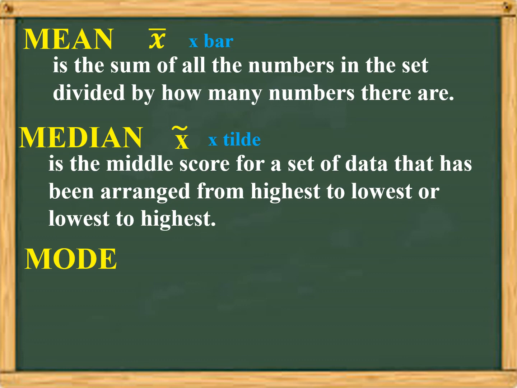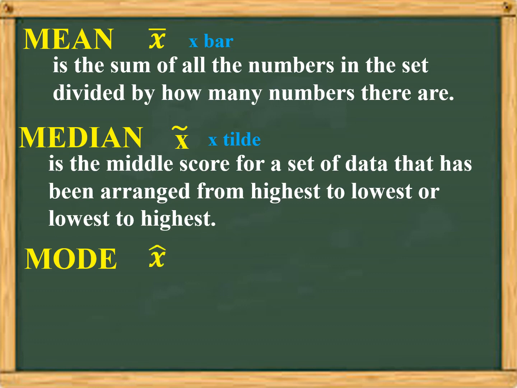In finding the median, the data must be arranged from highest to lowest or vice versa. So it is important to arrange first, and then find the middle data, and that is our median.